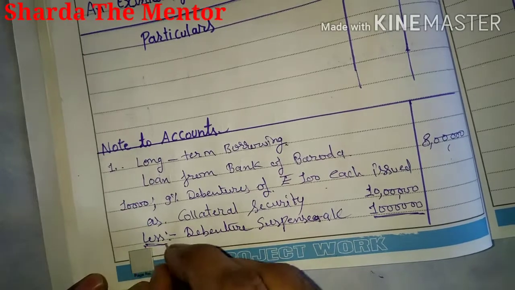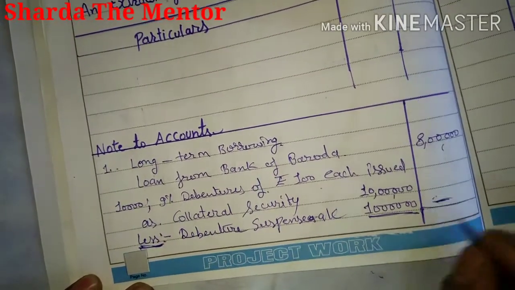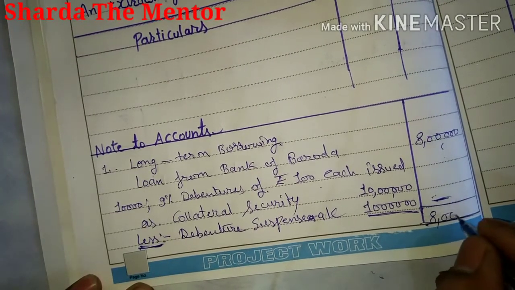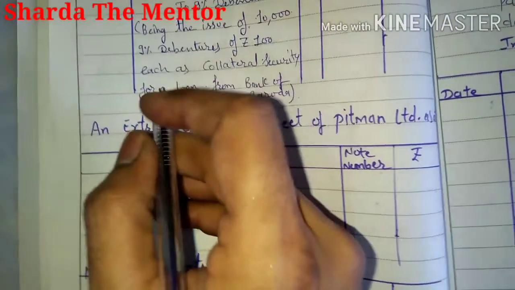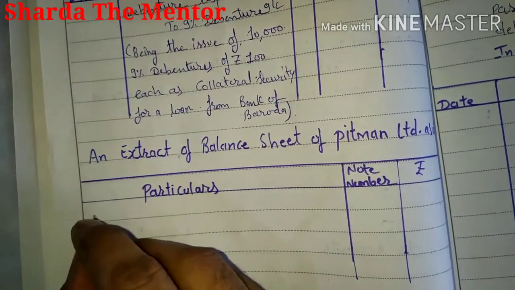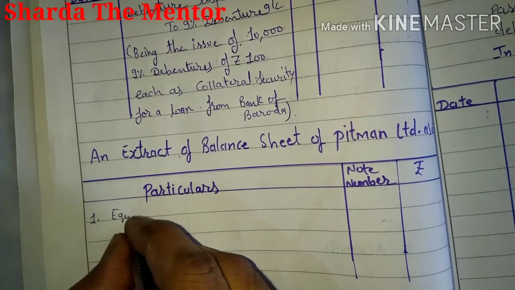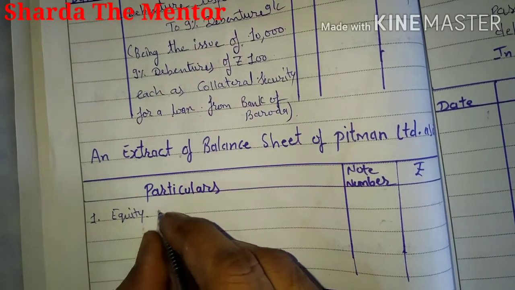So you will deduct that amount, so nothing remains. You will close that bracket and show 8 lakh rupees here. Now in the extract balance sheet, as already explained, there is no change, it is totally similar to the first method.